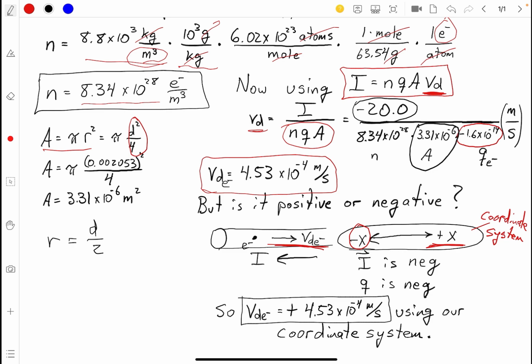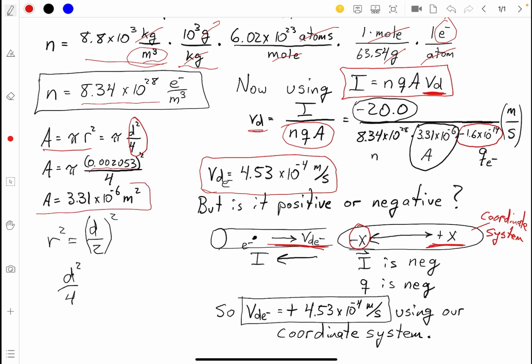So when I insert the radius and make it squared, what is that? That's our d squared over 4. So that's where the 4 comes from, and it's simple. We convert the millimeters to meters. That's this number. We square it, we get a really small number, divide by 4, even smaller, and then multiply by pi.